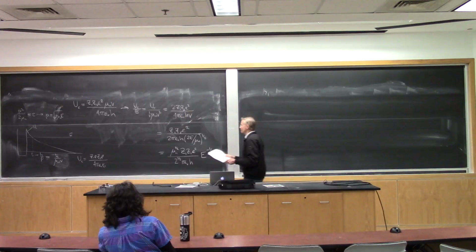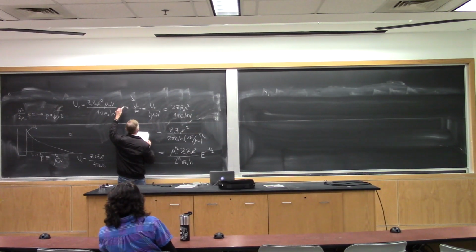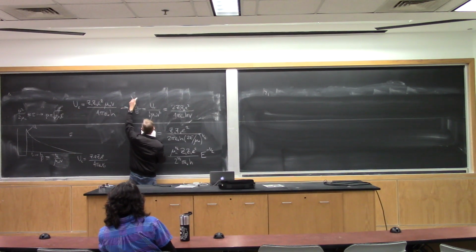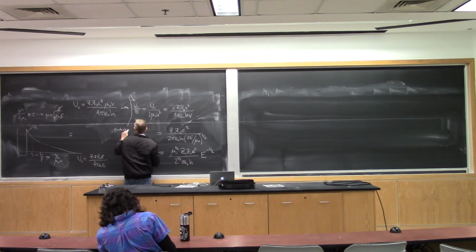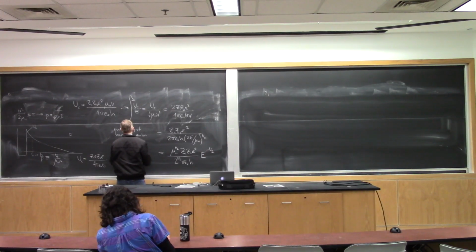And by the way, I should have mentioned that the reason we care about this is because last time we had said that the probability of barrier penetration turns out to be proportional to e to the minus 2 pi squared times uc divided by e.